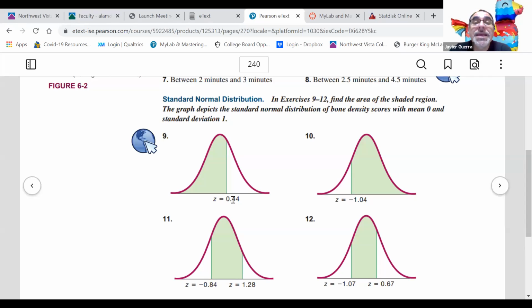The shading is the green, not the white, but the green. Which way is it shaded? That's correct. It's shaded to the left. So that is the less than symbol. So it should read Z is less than 0.44.